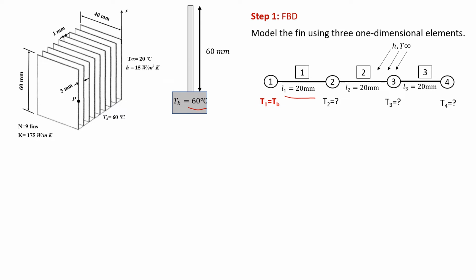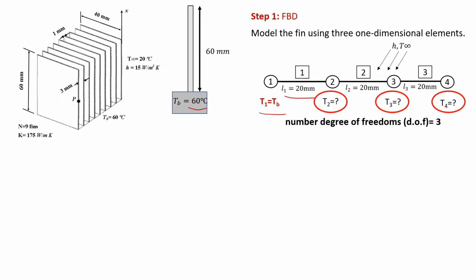And in the previous video, we discussed that for thin fin problems, in general, the temperature at node 1 is always assumed to be the same as the temperature at the fin base. Therefore, in this case, T1 is equal to Tb. Hence, there are 3 degrees of freedom in this problem.